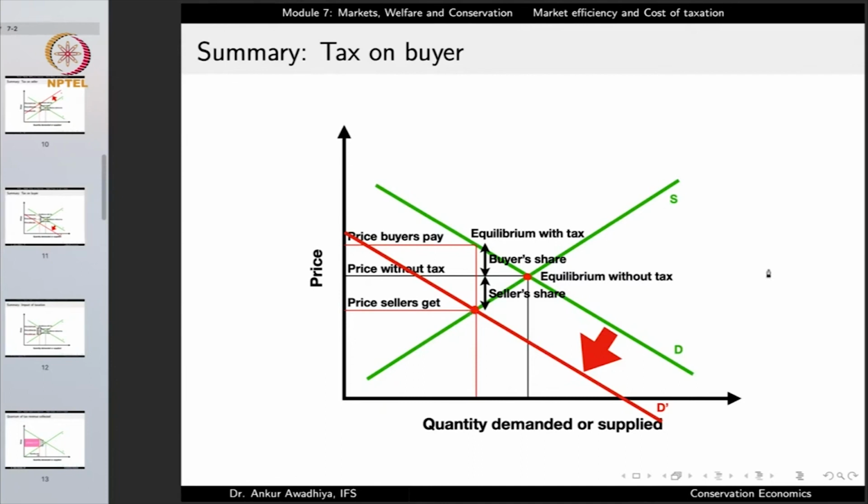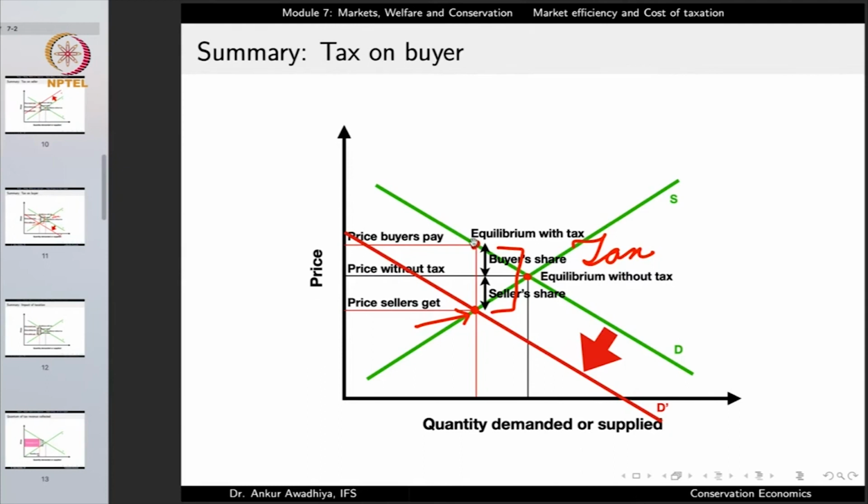But the price that the buyers have to pay is this much because they are not only paying the amount to the sellers, which is this one, but they are also paying the tax, which is this much. So they are paying not just the seller, but they are also paying the government with the tax. So this is the price that the buyers pay.